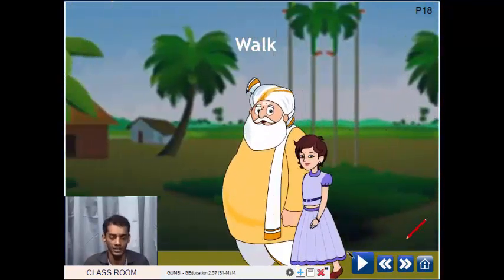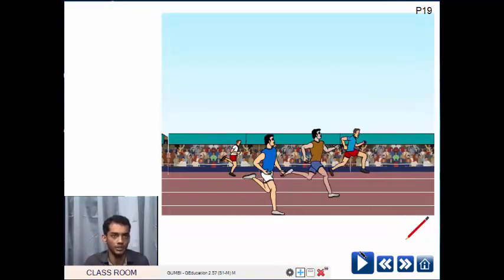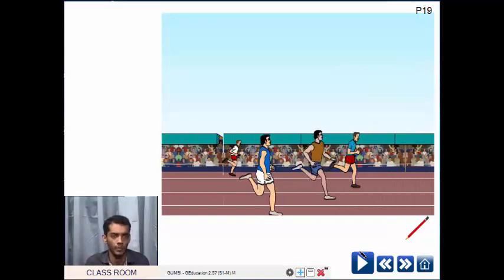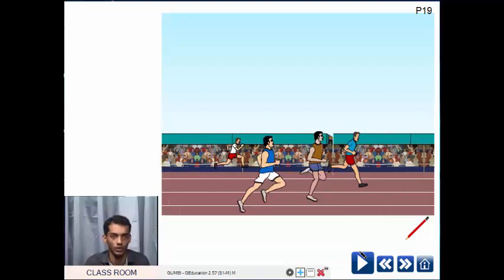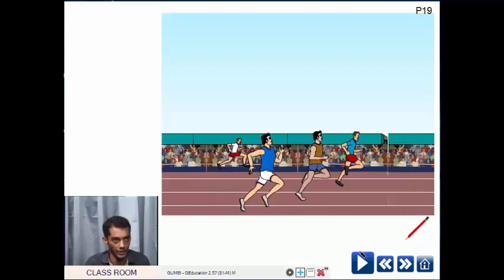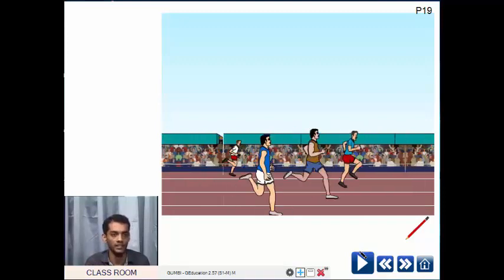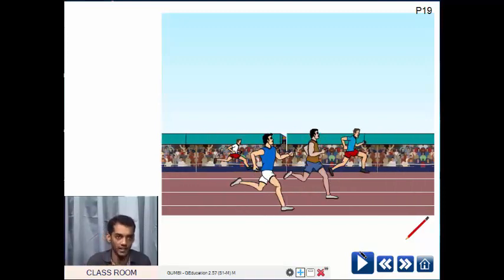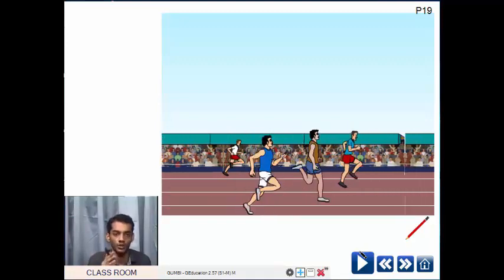Let me display another picture. Look at the picture. What are they doing? Sir, they are athletes. Very good. They are running on the tracks. Then, what is the action word?